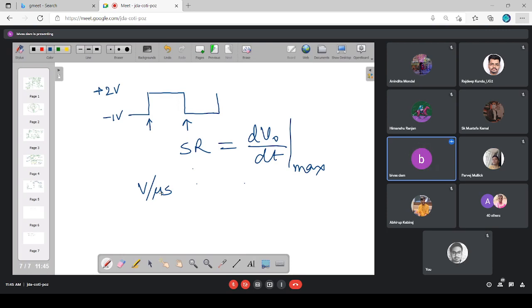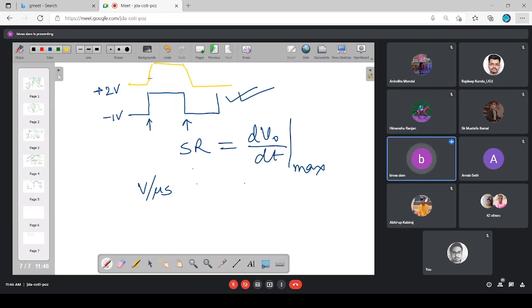But if the required waveform is something like this, can you achieve this particular response at the operational amplifier output where the slew rate is 2 volt per microsecond? No, sir. So what actually you'll be having is the response will be something like this. You'll start moving like this, then once again it will start drooping like this.